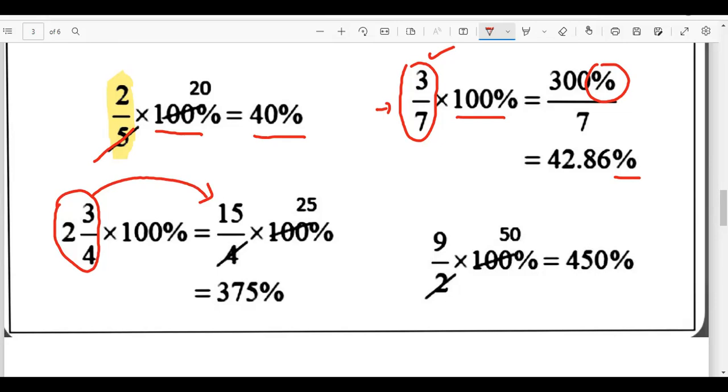Okay. So for converting 2 whole 3 by 4, in the denominator we are going to have the same number, and in the numerator, I will do it this way. 2 would be multiplied by 4. That would give you 8. And then 8 plus 3 would give you 11.